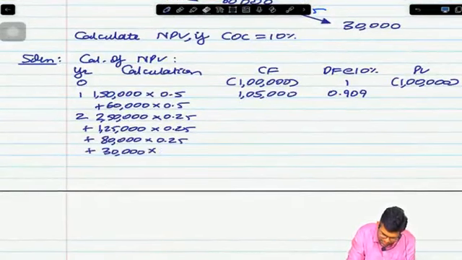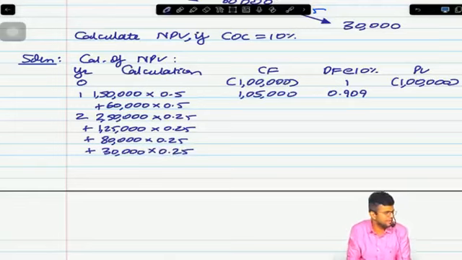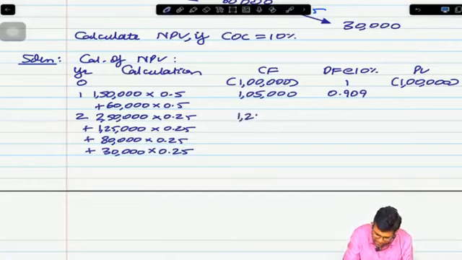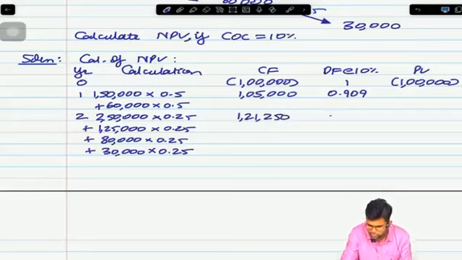For simplicity, you can take all and divide by 4 also, because simple average and weighted average will give you the same answer. What is the answer? 1,21,250. Very good. So this comes to 0.826. All getting clarity now? Okay. Give me the number.